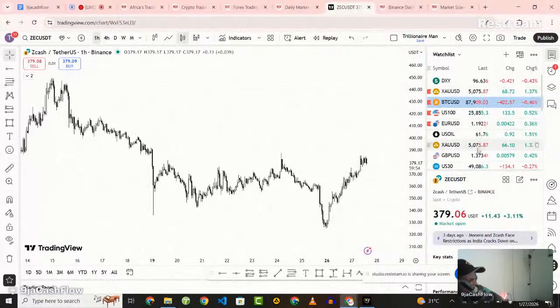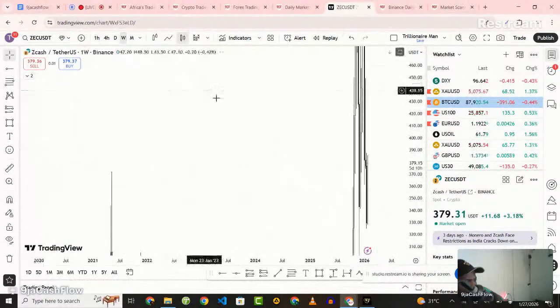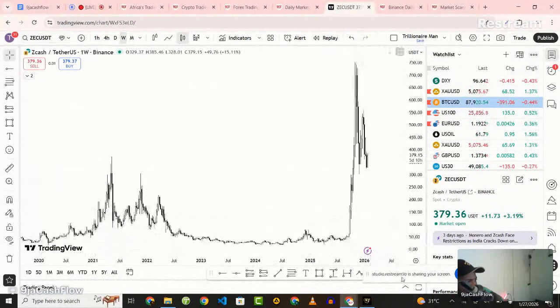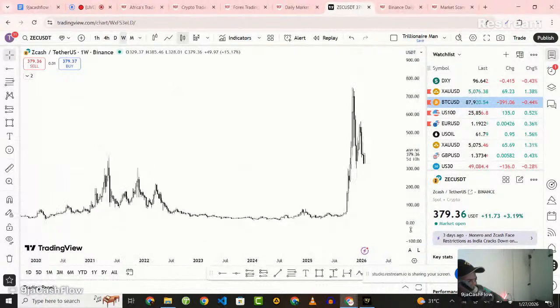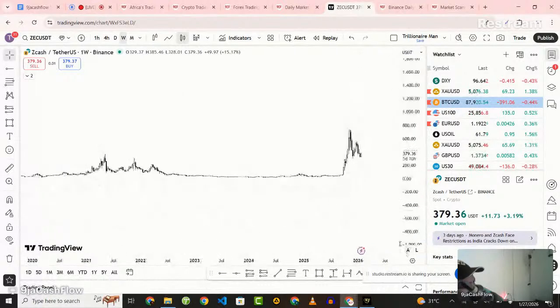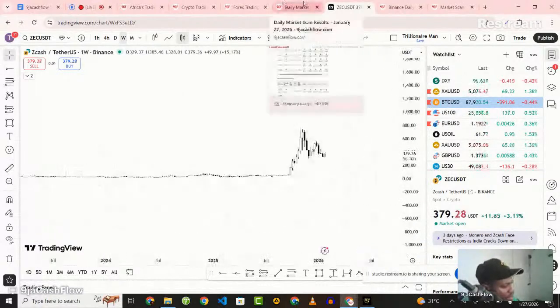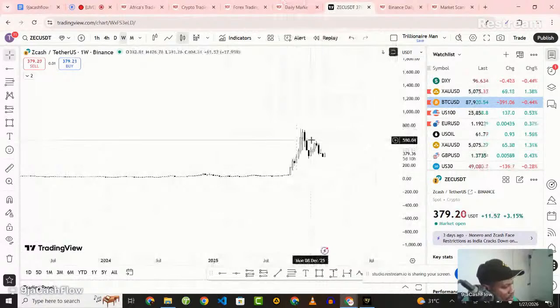Okay, let's start from weekly so we know what's up with Zcash. So Zcash is bearish: lower low, lower high. These are equal lows, or let's call it a lower low as well. So we are bearish.